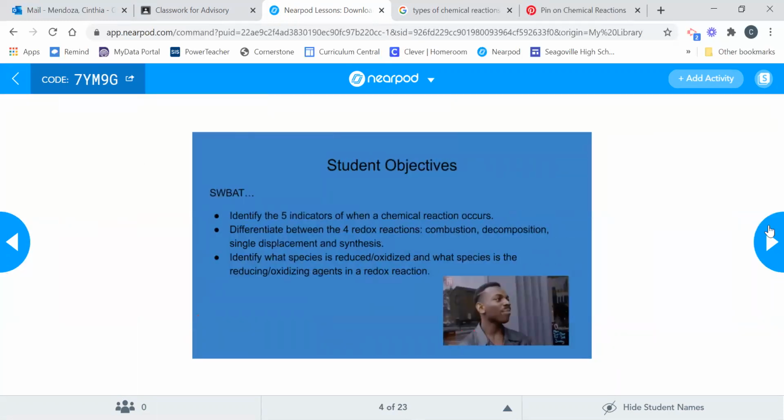Your objectives are to identify 5 indicators of a chemical reaction, differentiate between the 4 different reactions, and then identify what species is reduced, oxidized, and what species is the reducing and oxidizing agent. So the third one is not really that important.